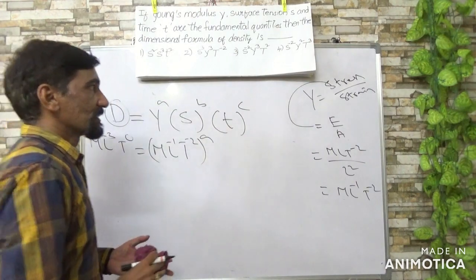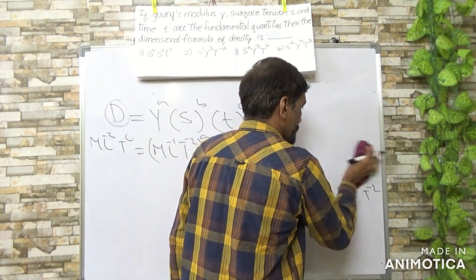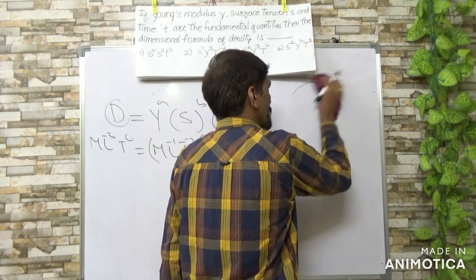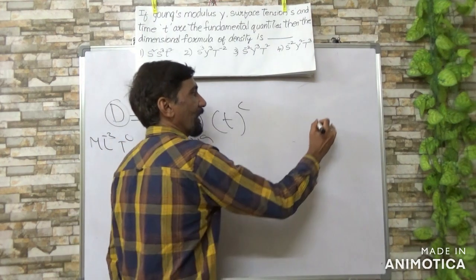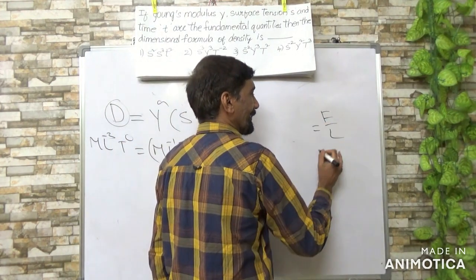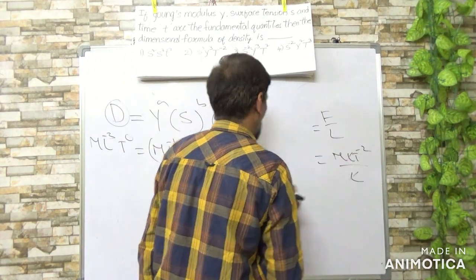Next about surface tension. You know surface tension is force by length, so surface tension and force constant have the same dimensional formula. Force by length: M L T power minus 2 by L, L cancels.